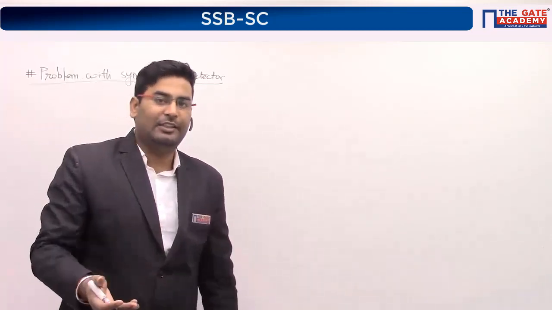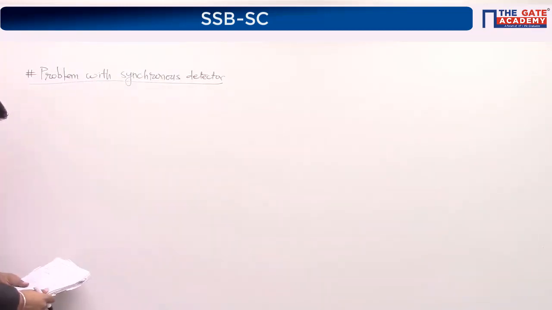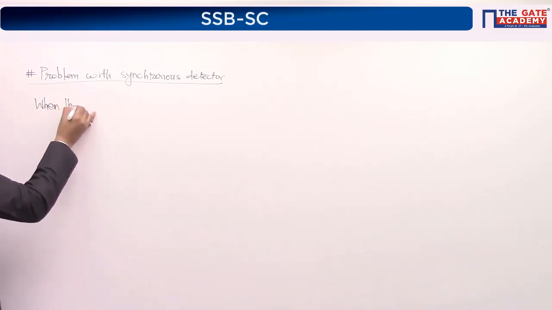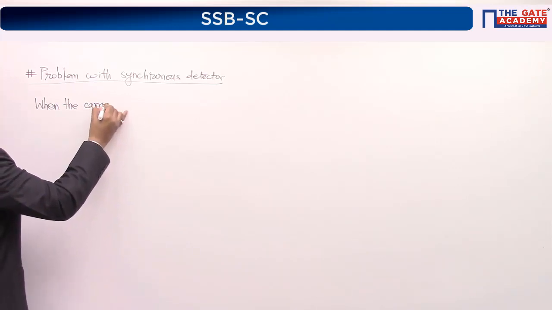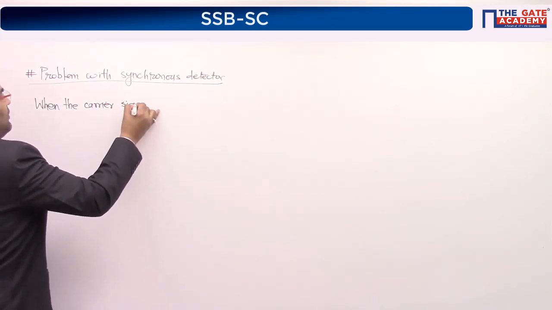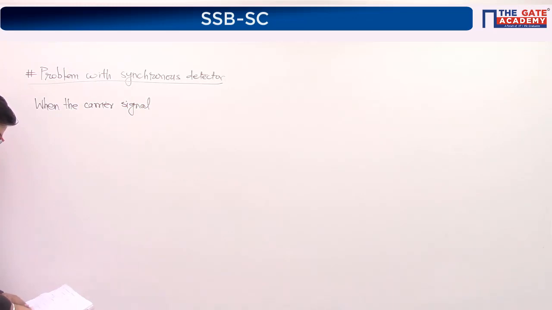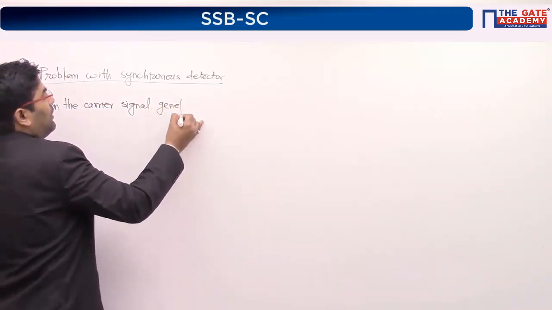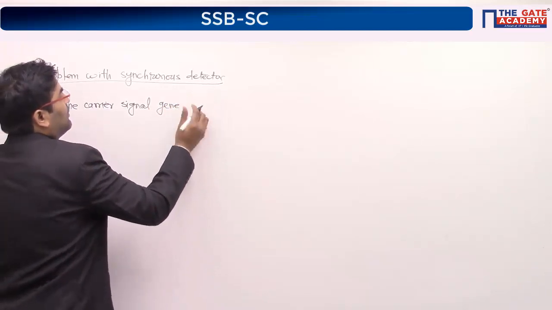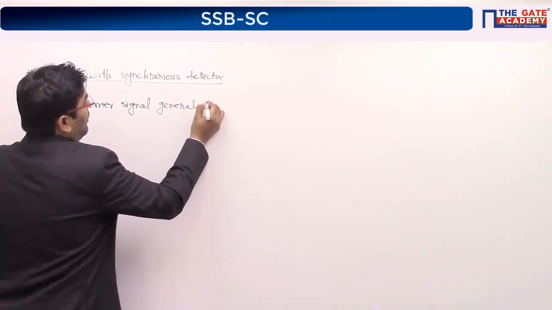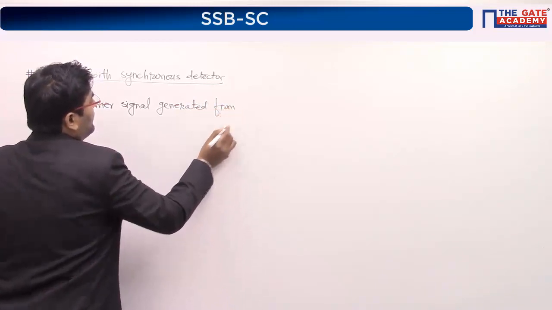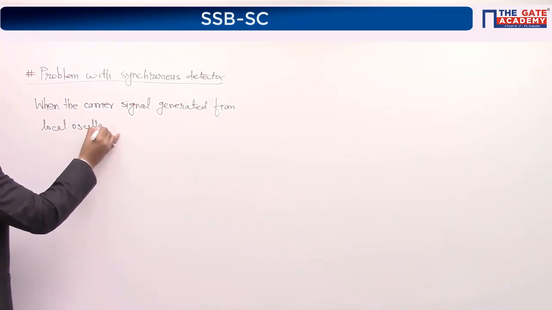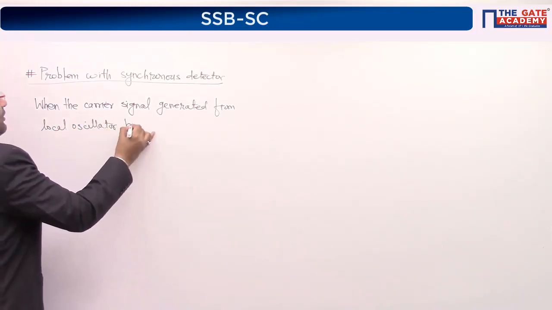You know, if there is a phase shift, then it will create a problem. So just write that when the carrier signal generated from local oscillator has a phase shift of phi.